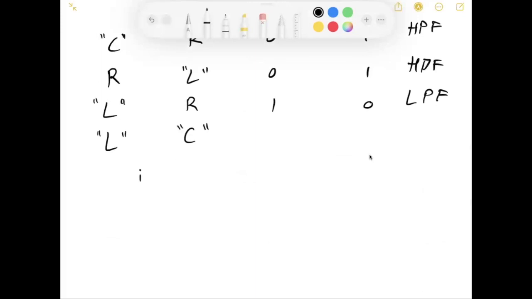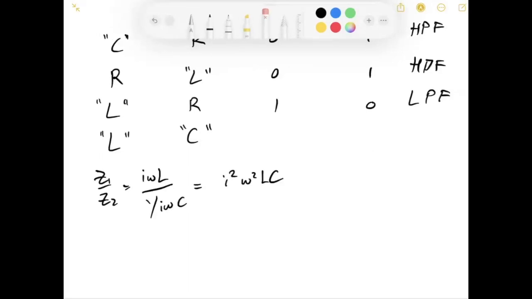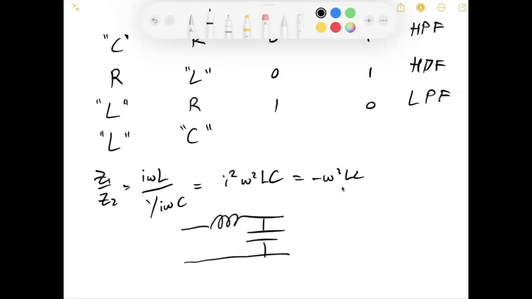Okay, so that becomes Z1 over Z2 is i omega L over 1 over i omega C. Now this is a weird circuit, because this is a circuit that goes like this, and the impedance actually, when the resistor and the capacitor are the same, the total impedance, so Z total, is i omega L minus 1 over i omega C.